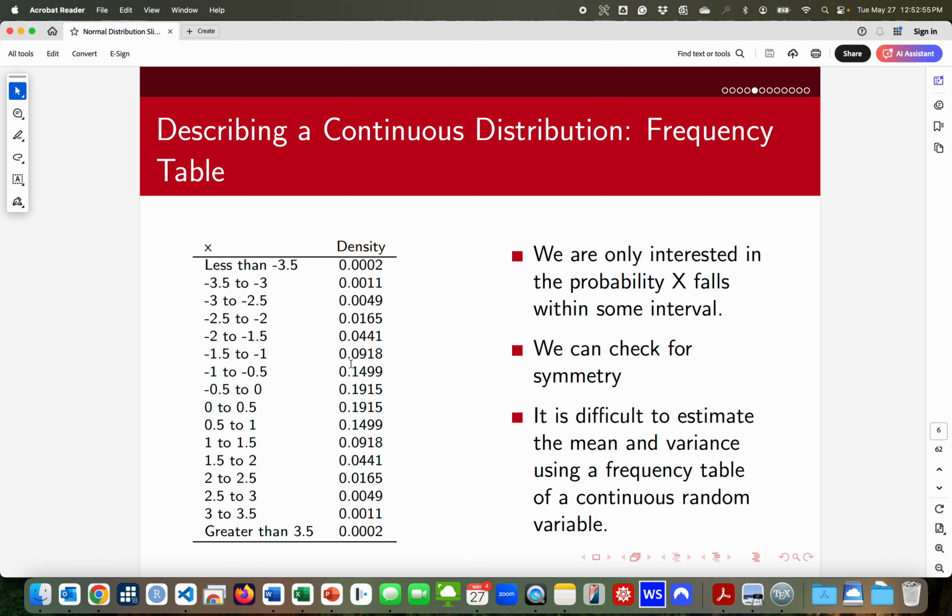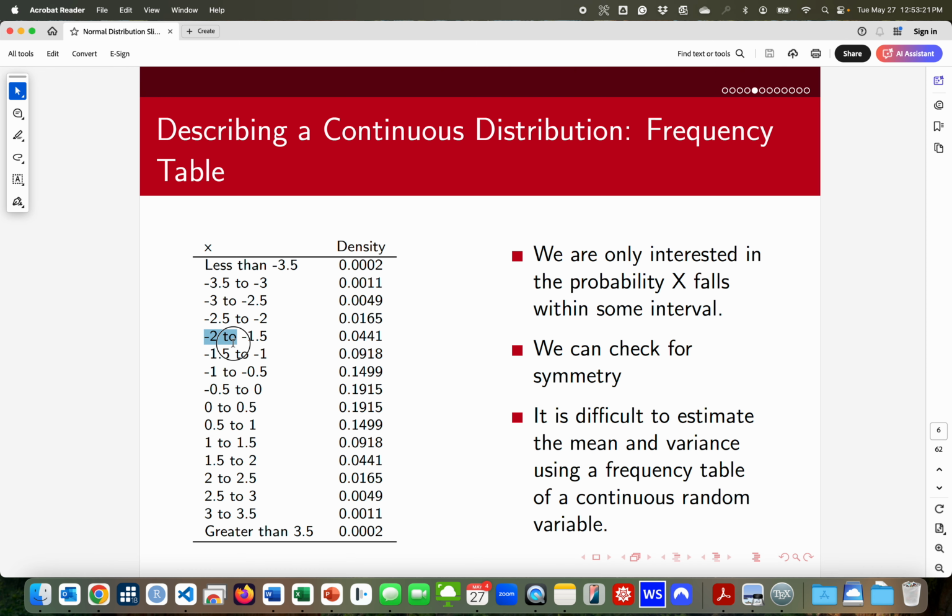So if you take these probabilities and go from -1 to 1, and add up those probabilities, you should get a number that's pretty close to 0.68, because the probability that we observe something between -1 and 1 should be about 0.68.